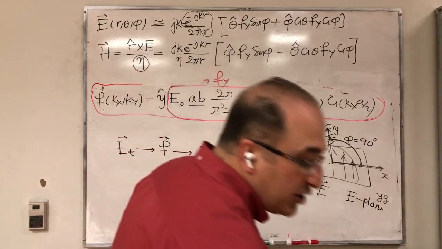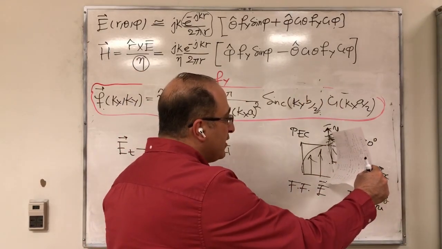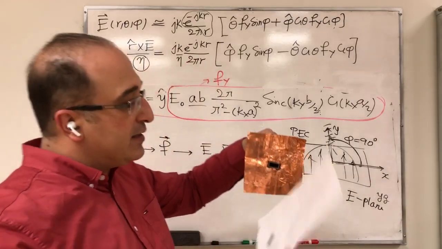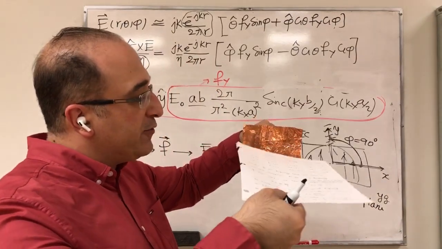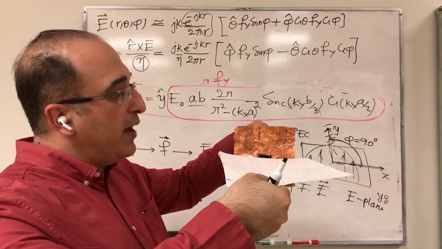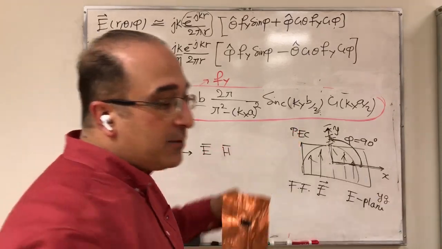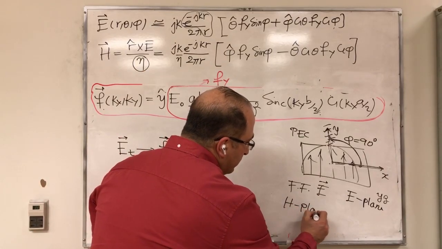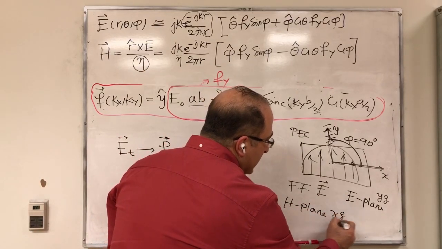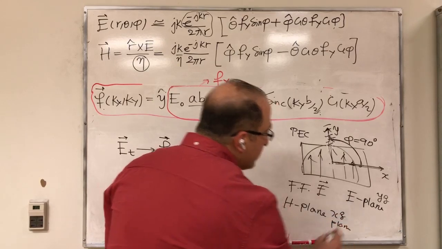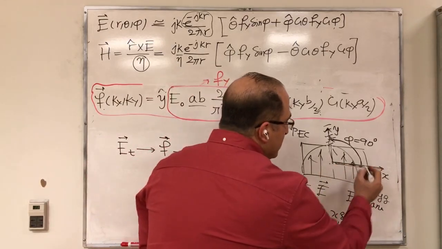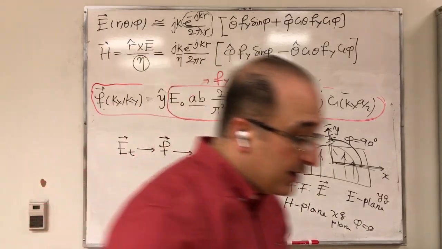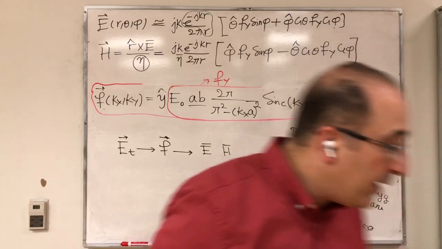If this is the E plane, then this would be the H plane. So for this antenna, this is the E plane, and this would be my H plane. The H plane would be the XZ plane. I can write it here that the H plane would be the XZ plane. And if you want to be in a spherical coordinate, you want to be on X, so you say I'm going to be at phi equal 0. That would be your H plane.